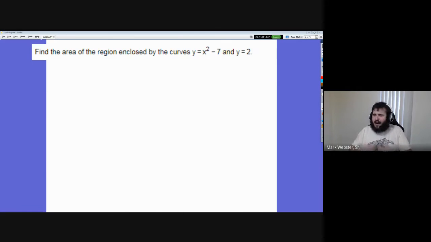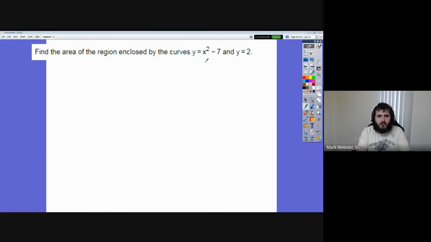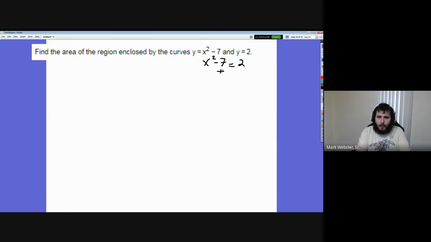Once again, here, I've not given you the bounds of integration. So you've got to figure it out yourself. Well, where are these the same? Where is x squared minus 7 equal to 2? Let's solve for x. Add 7. Square root. Ta-da, there they are.